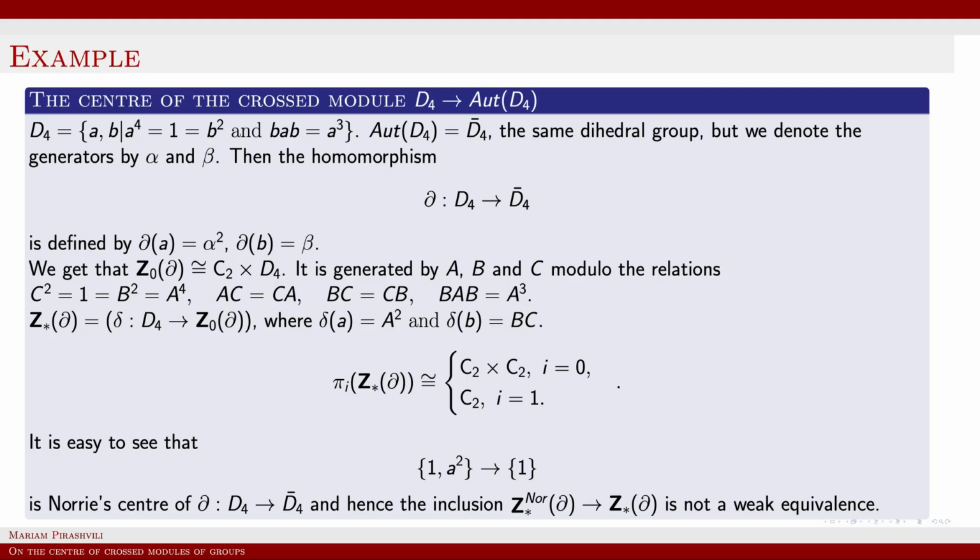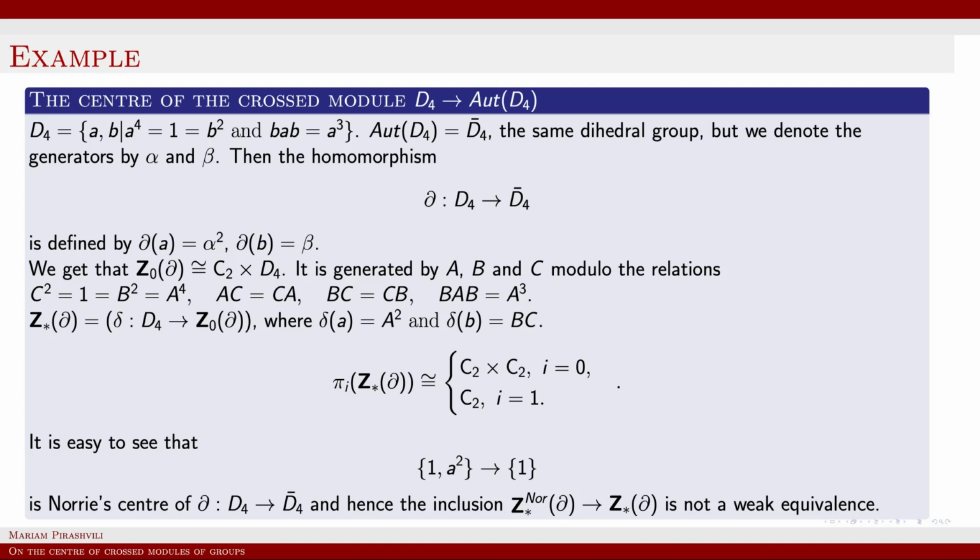And I calculated a specific example. Probably the most common crossed module is when you have a group and its automorphism group, and you have the map from G to Aut G, that's the standard example of a crossed module. In this case I'm considering a small group, C2 times C2, and its automorphism group. For that particular case, I calculated both versions of the center of the crossed module.